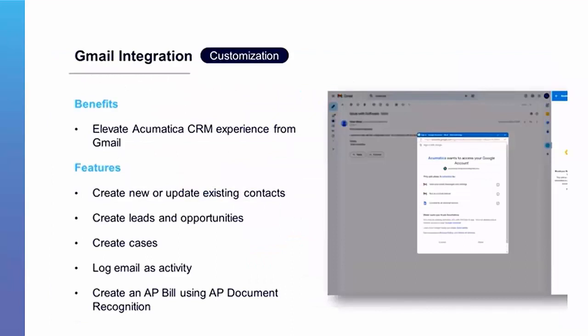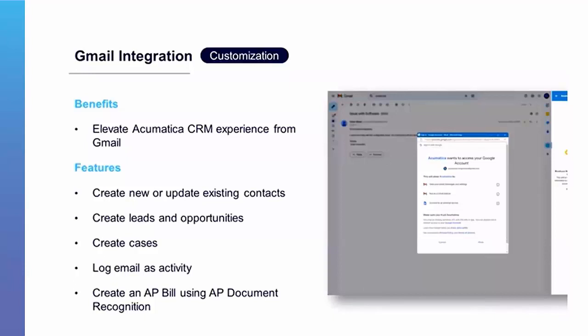In addition, Acumatica now will integrate with Gmail. In the past, only those using Office 365 and Outlook had the ability to integrate their email through a plugin. This is a customization package.